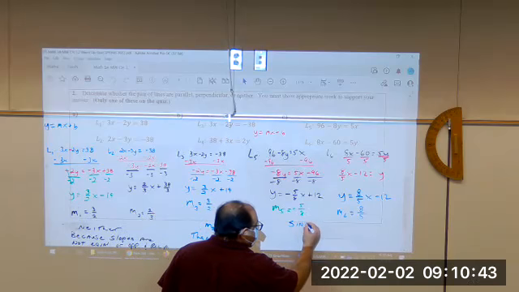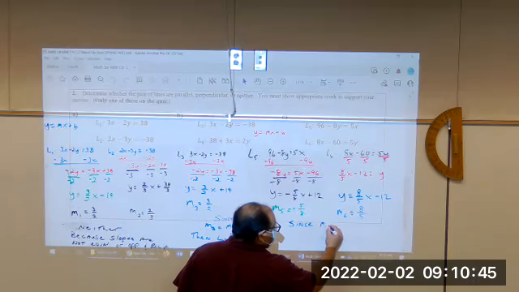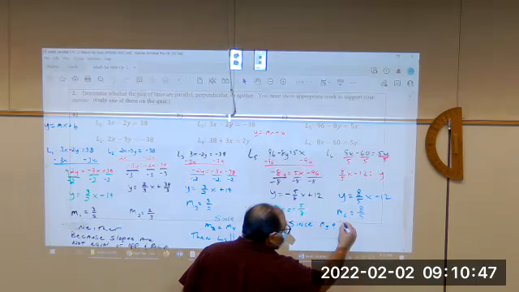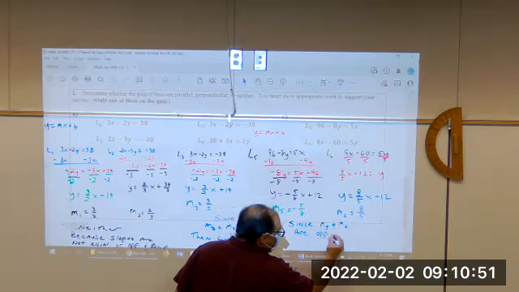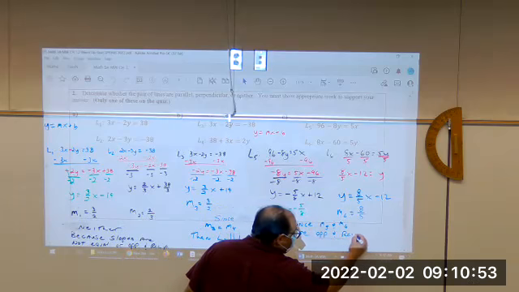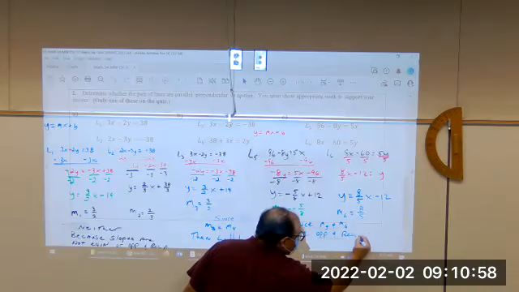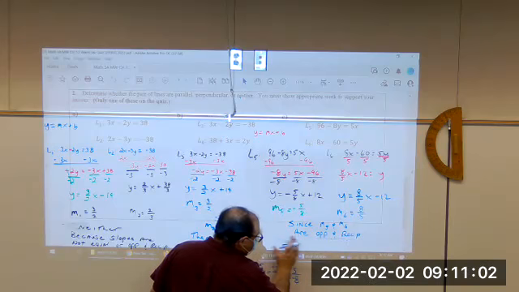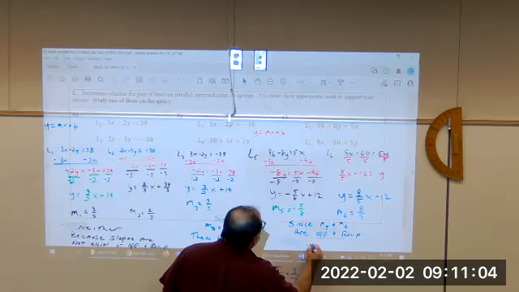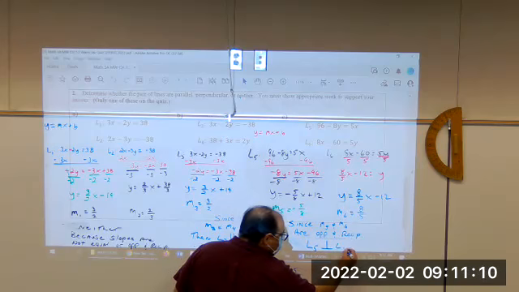So since slope 5 and slope 6 are opposite and reciprocal, then you are going to say line 5, and this is the symbol for perpendicular, is perpendicular to line 6.